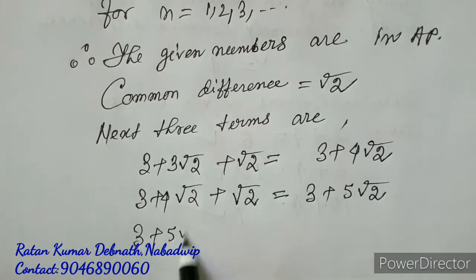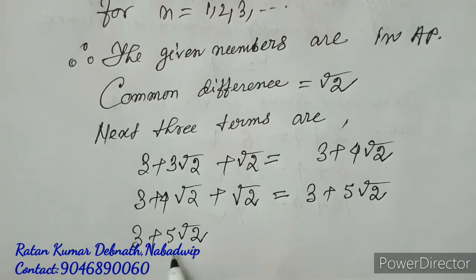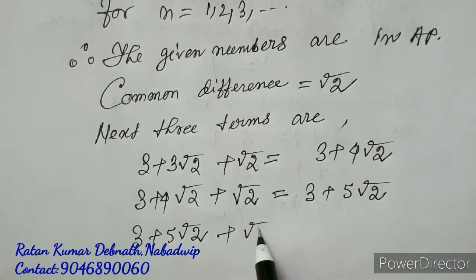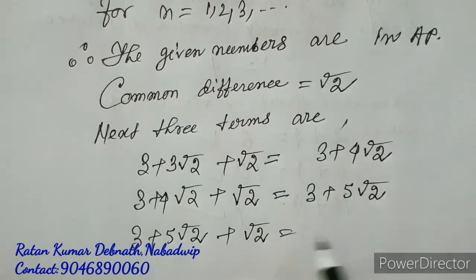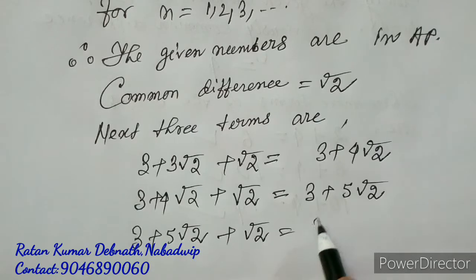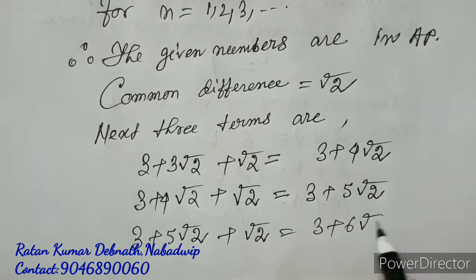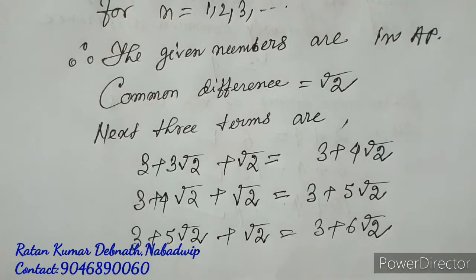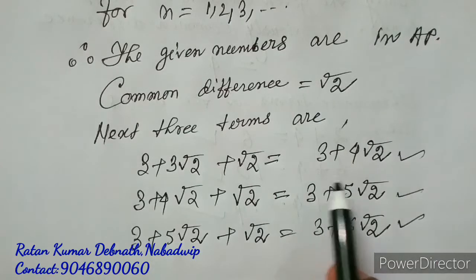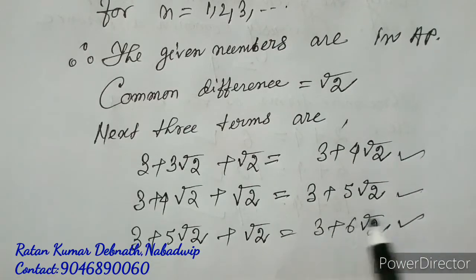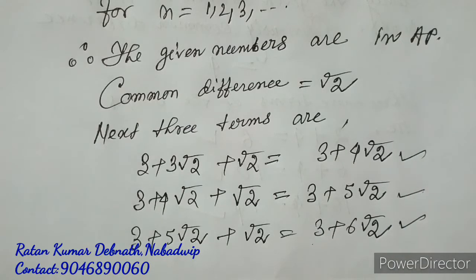Now 3 plus 5 root 2 plus root 2 equal to 3 plus 6 root 2. So 3 plus 4 root 2, 3 plus 5 root 2, 3 plus 6 root 2 are the next three terms of this AP.